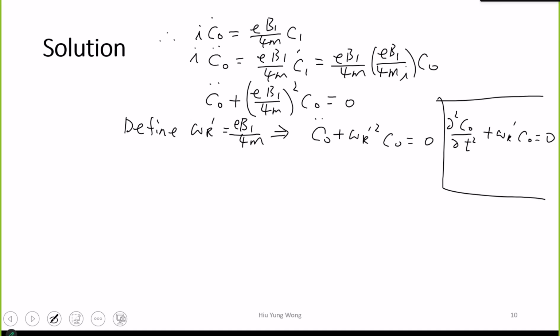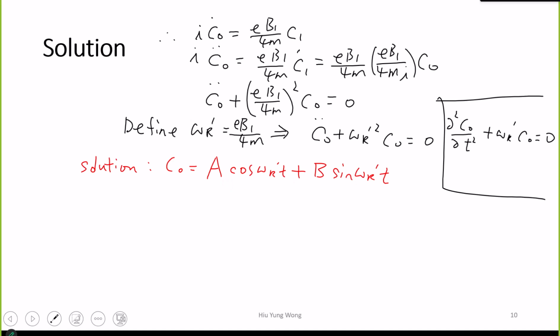Then go back to your differential equation. Don't worry if you forgot, because I forgot also. All you need to know is that the general solution is C0 equals A cosine omega R dash T plus B sine omega R dash T. The solution to this second order differential equation is this, right?